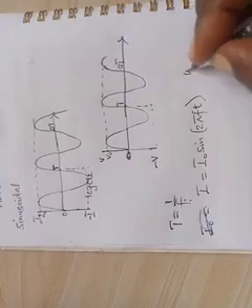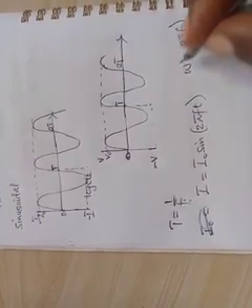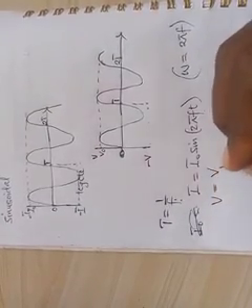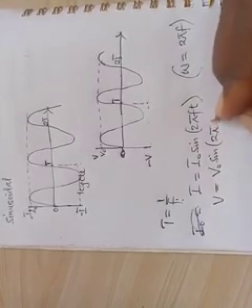This is because omega is equal to 2 pi f. So the voltage is given as the peak voltage, sine 2 pi ft.